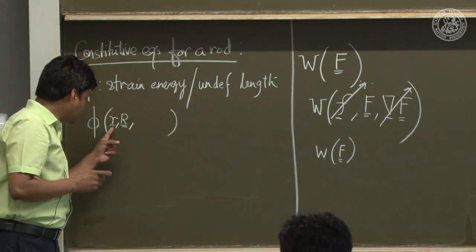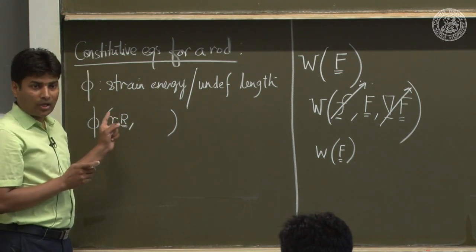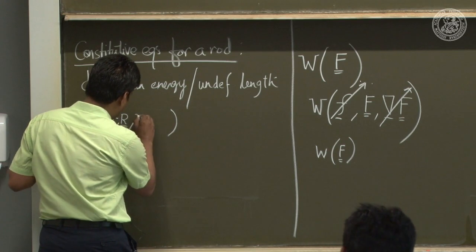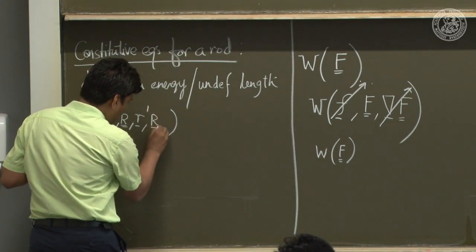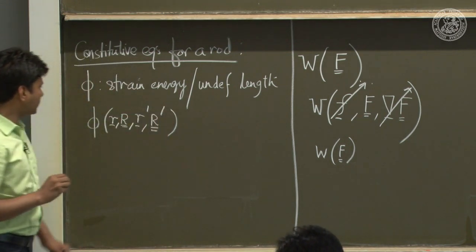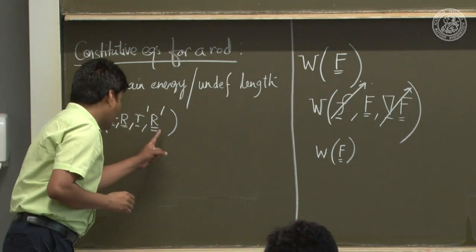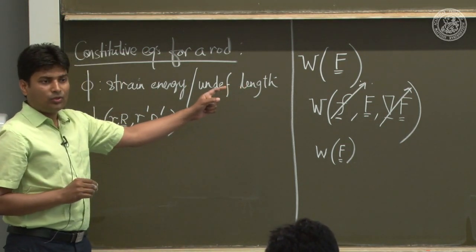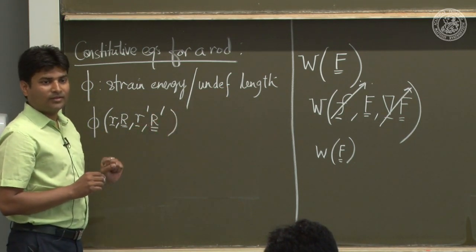In any case, these only depend on S. So, you have little r prime and big R prime, and you could of course take even higher gradients, but you have to stop somewhere. So, we stop here.